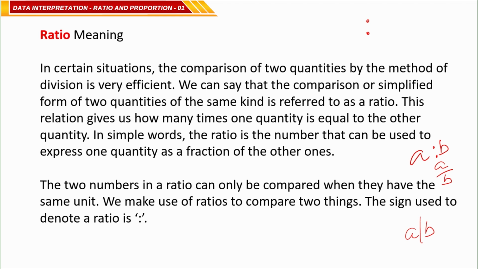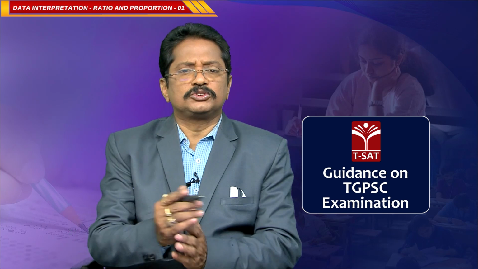For example, CGS units and SI units: in CGS units we say the force is in dynes, and in MKS units it is Newton. So 1 Newton is equal to 10 to the power 5 dynes. When you compare this we say 1:10⁵, like so many comparisons.